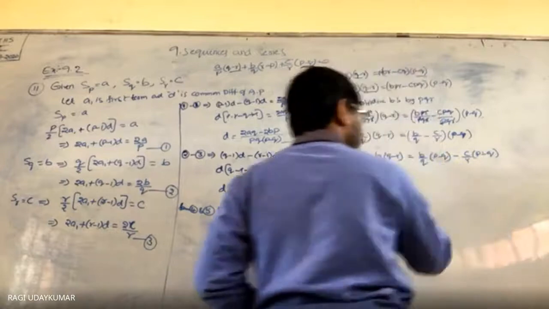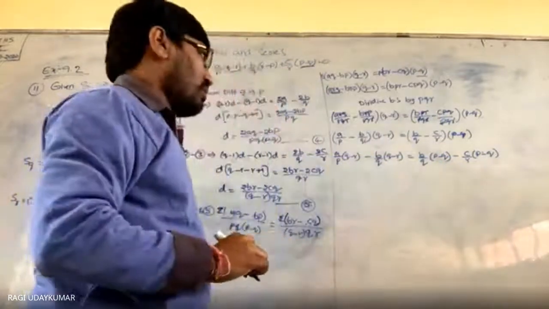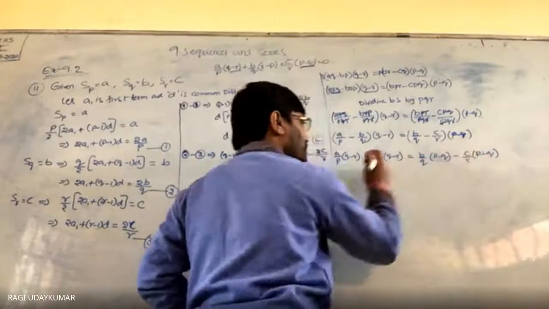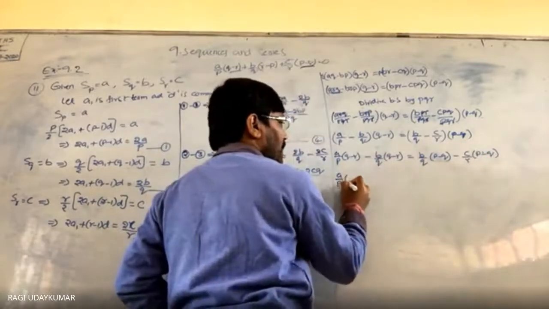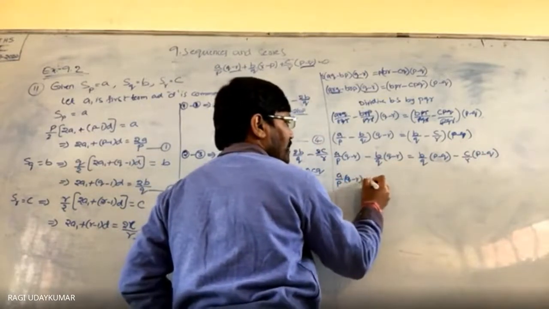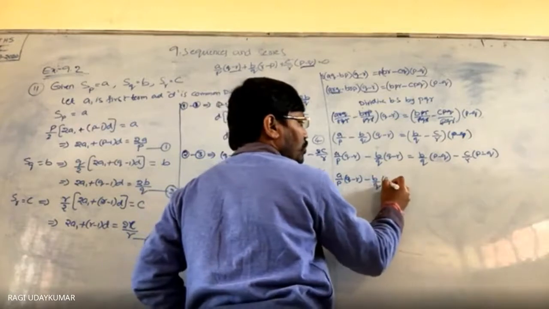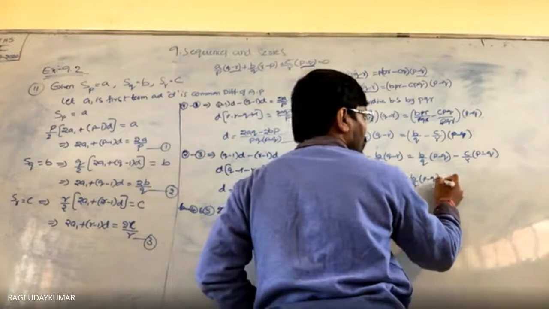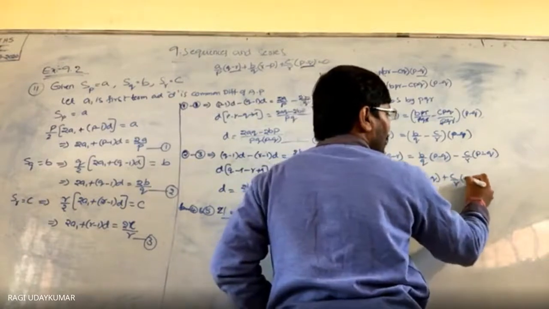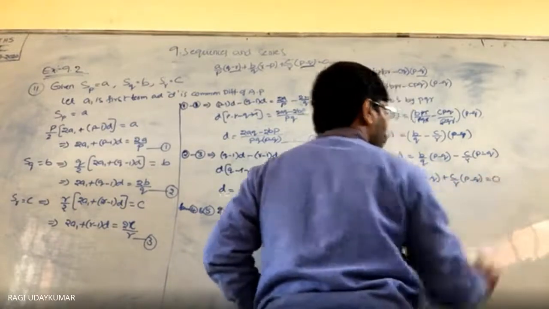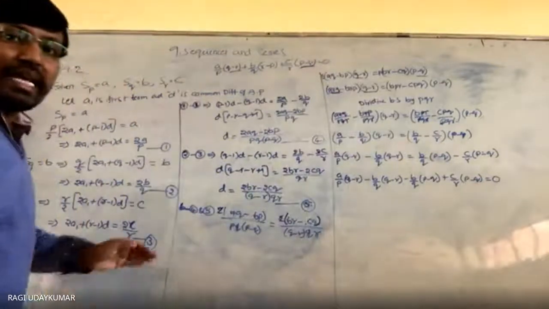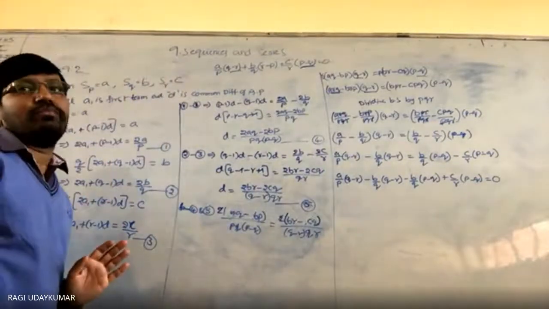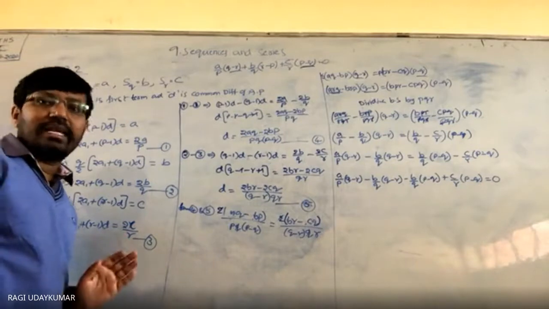Bring these two terms to the left side. So what do you get here? a by p into q minus r minus b by q into q minus r minus b by q into p minus q plus c by r into p minus q. See, our intention is to prove this, that's why from the starting onwards we are moving keeping that in mind. That is very essential.